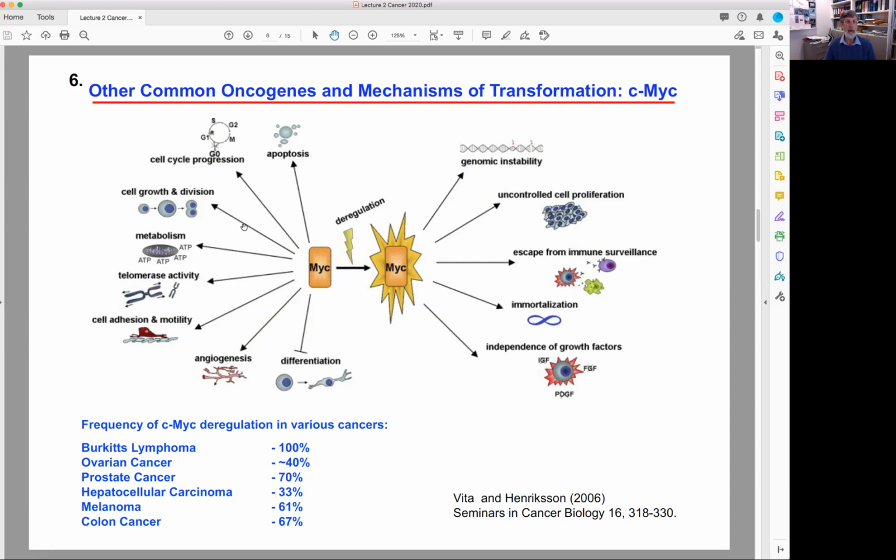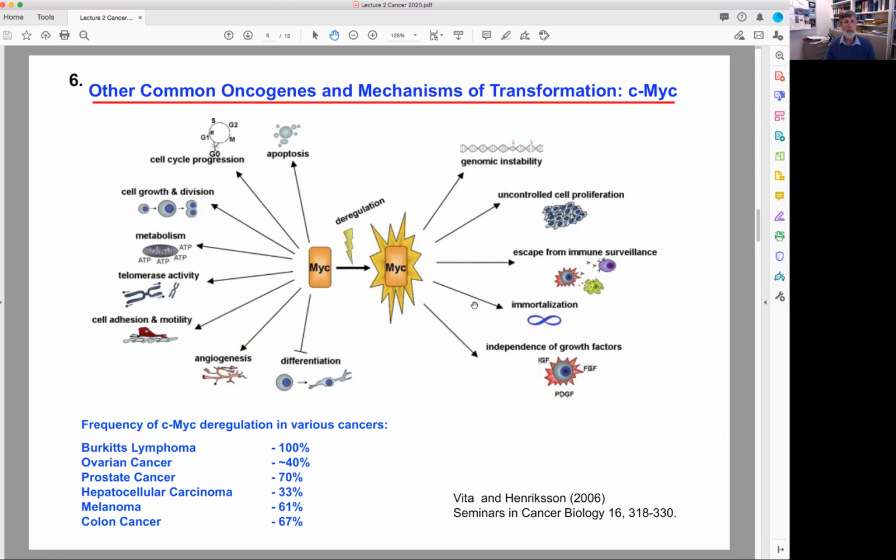Based on this, you can see some of the problems you're going to get from a deregulation of MYC expression. It can cause genome instability. It can cause uncontrolled cell proliferation. It can also cause escape from immune surveillance, so that the cells are not removed by the immune system. It can cause immortalization, which is again via this promoting telomerase activity.